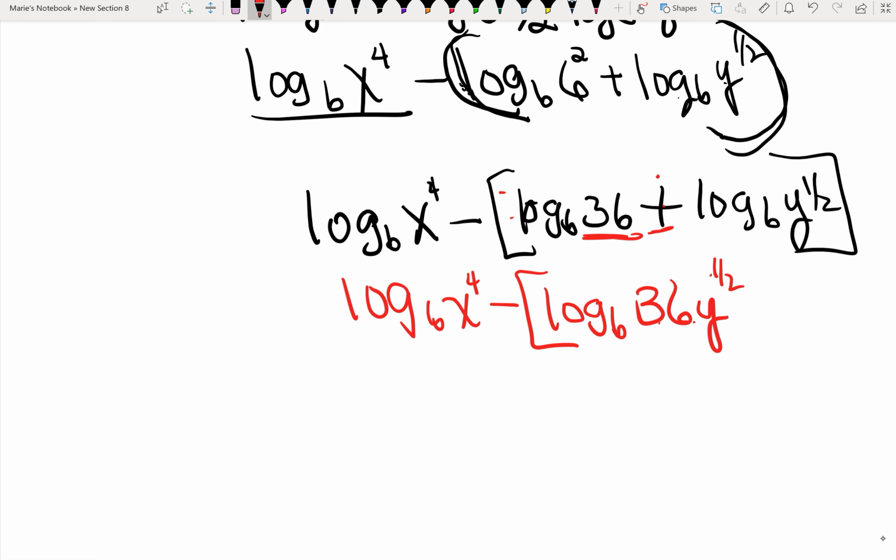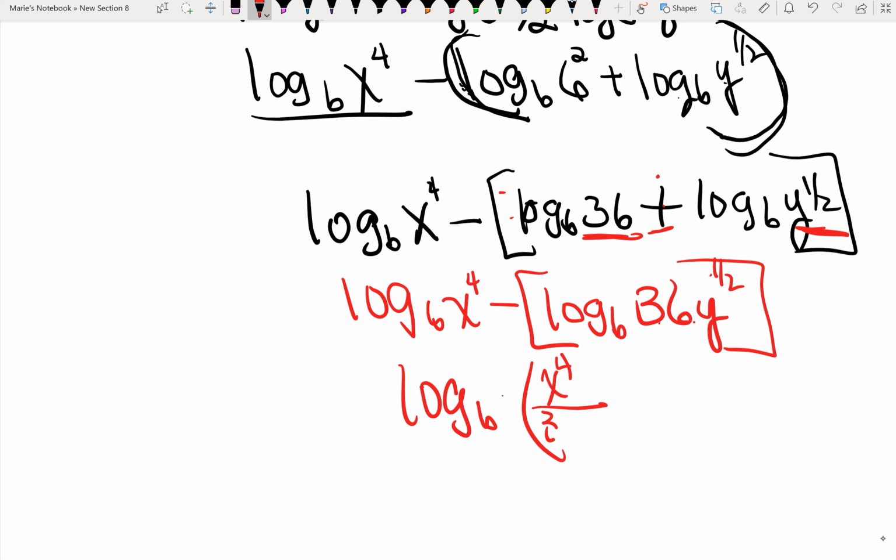When I say the 2, I mean this and this. I already have log base b here. So if that is the case, then this now becomes log base b of x to the 4th over 36 y to the 1/2.